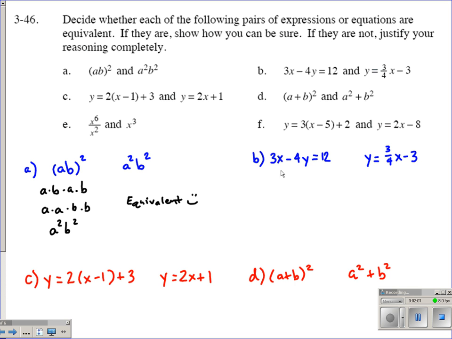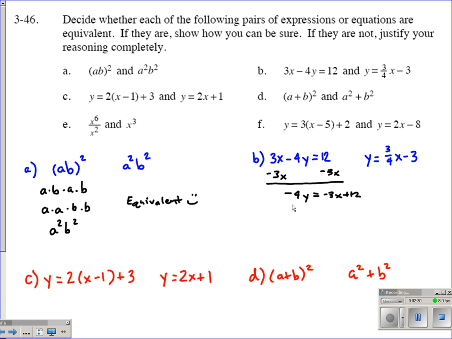Let's get rid of our 3x first here, or you could add your 4y, whatever you prefer to do. I'm going to subtract my 3x from each side. So I'm going to end up with, remember this minus belongs to the 4y, so that needs to come down with it, negative 4y is equal to negative 3x plus 12.